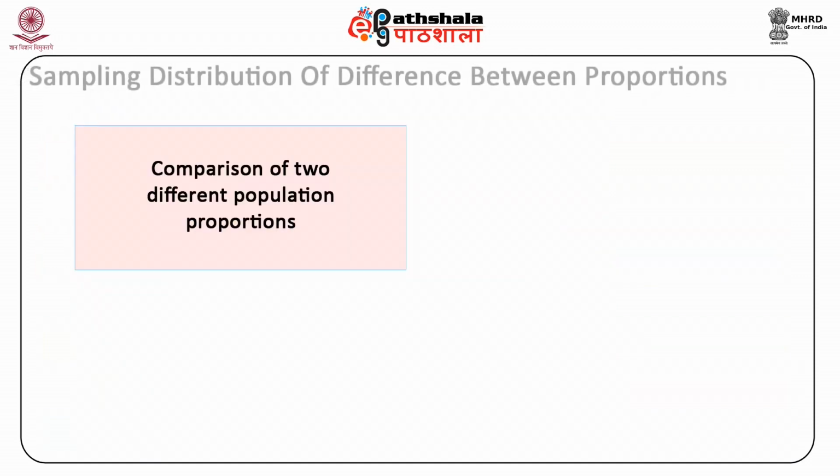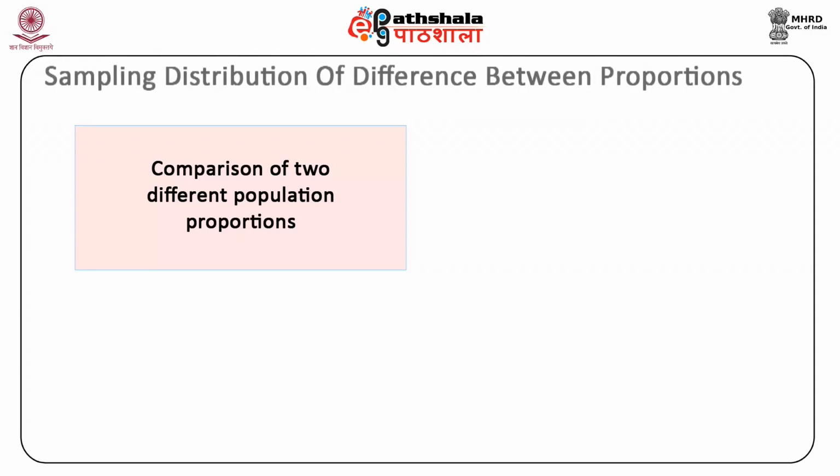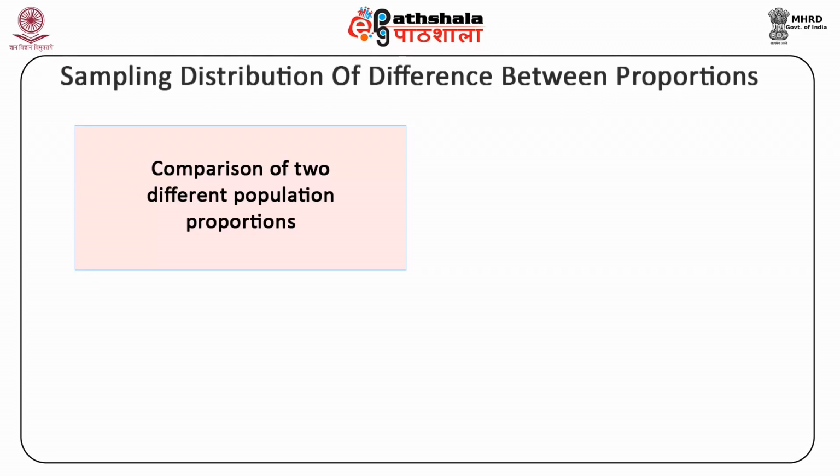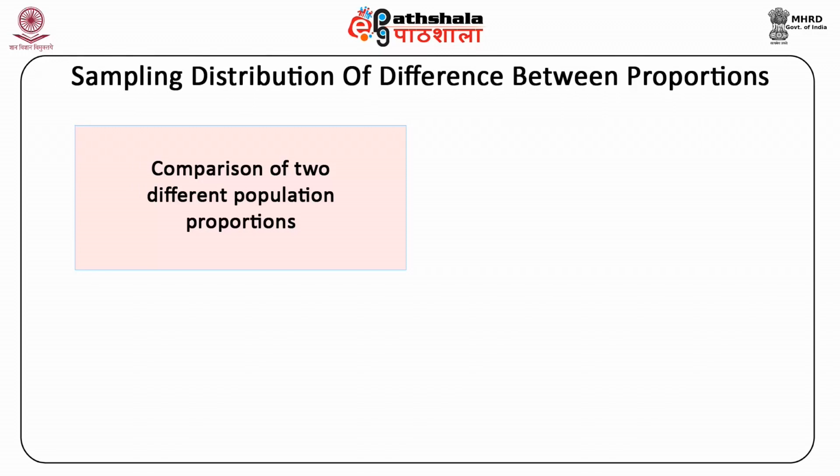The theory behind testing the difference between two proportions is to test whether they are significant or not. Problems often arise in the business world requiring the comparison of two different population proportions.